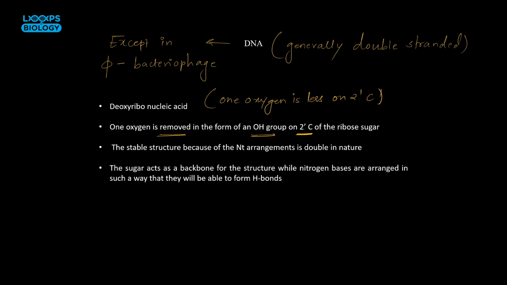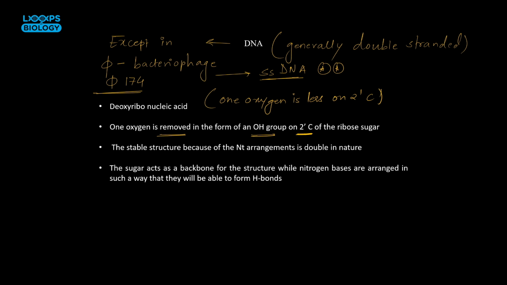Whenever I am considering the phage, that is phi 174, in that particular case you are going to see single-stranded DNA. Single-stranded DNA is going to be seen. This is one of the important exceptions.